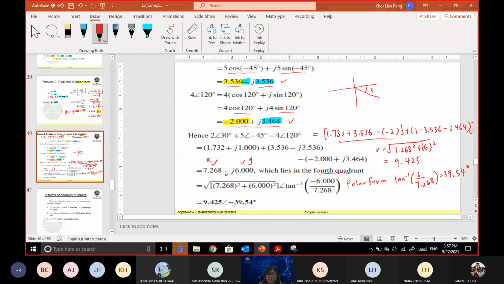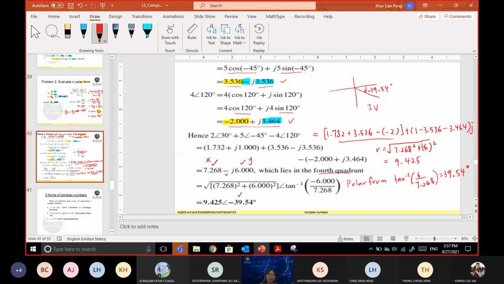So in the 4th quadrant, we can calculate it as a negative angle, so I can write it as negative 39.54.